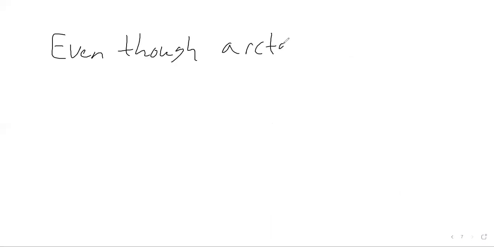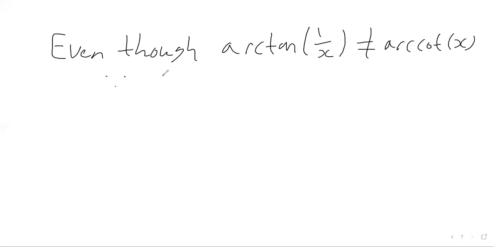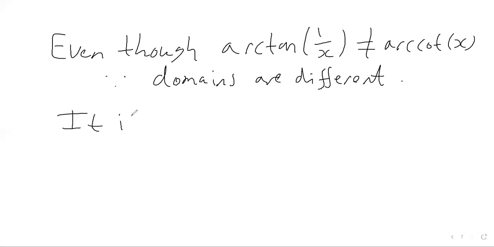So let's make a point of this then. Even though arctan of 1 over x does not equal the function arccot of x, because they don't have the same domain, it is still true that they have the same derivative.